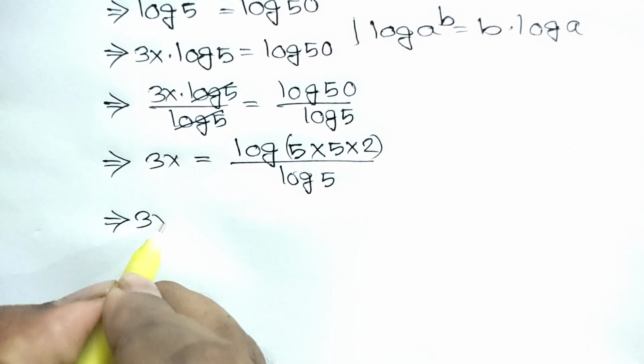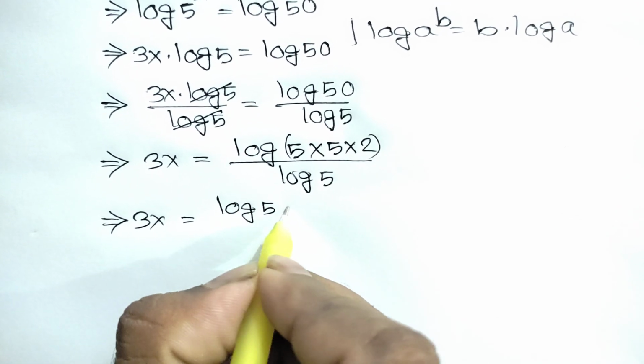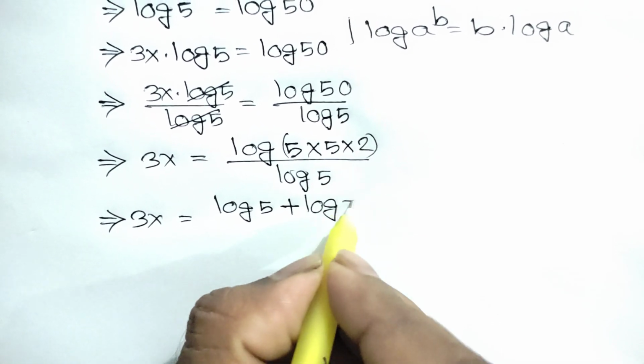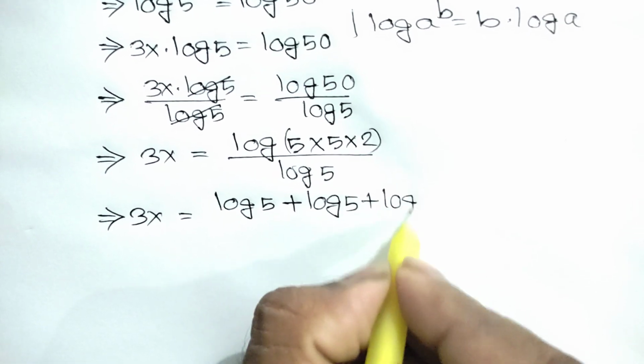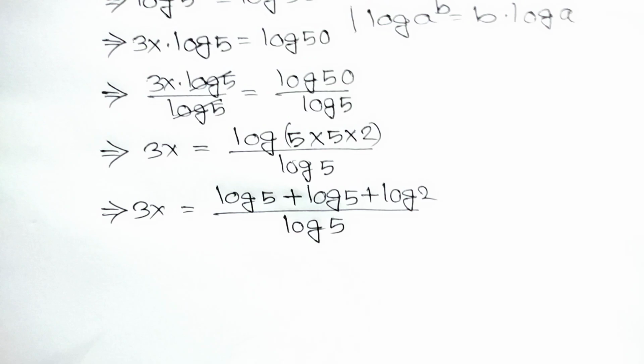So 3x is equal to, now here we can write log of 5 plus log of 5 plus log of 2, all over log of 5.